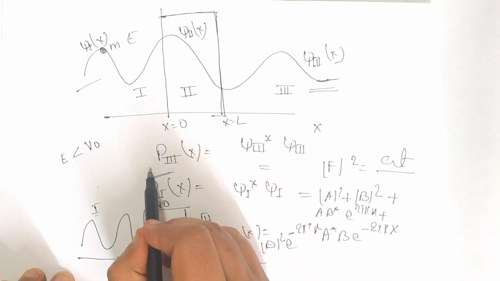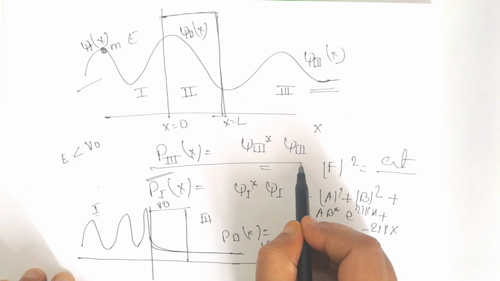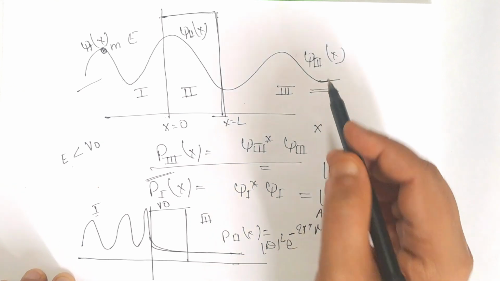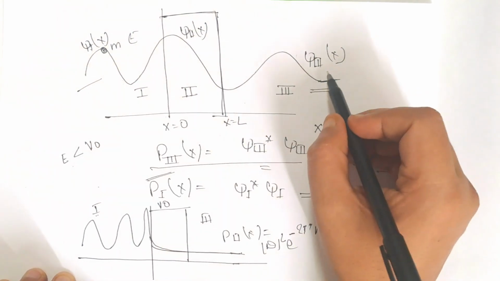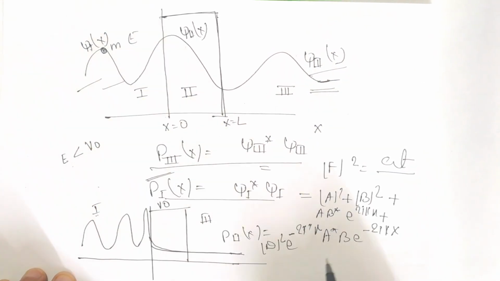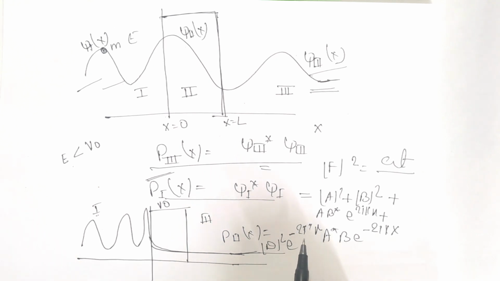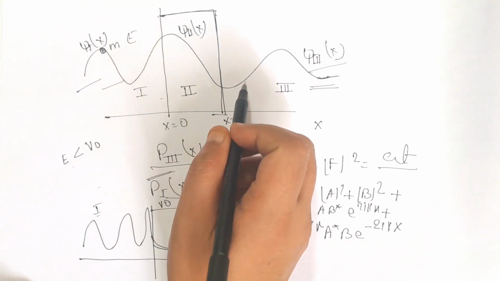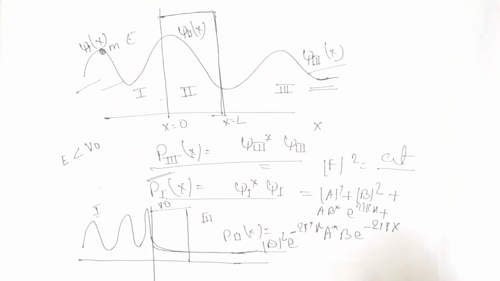So this is the probability density of the wave of the particle in region 3, and this is for region 1, and this is for region 2. So this is the solution of the Schrodinger wave equation for a one-dimensional potential barrier.